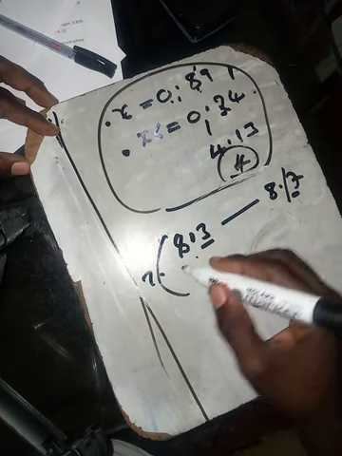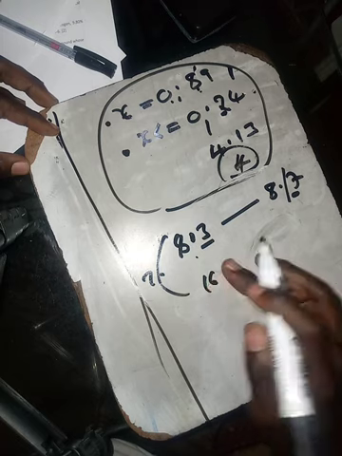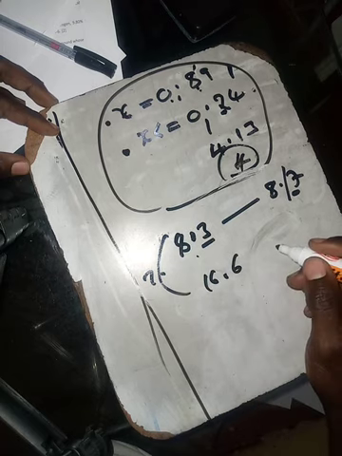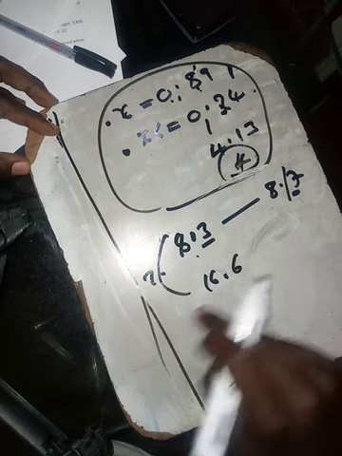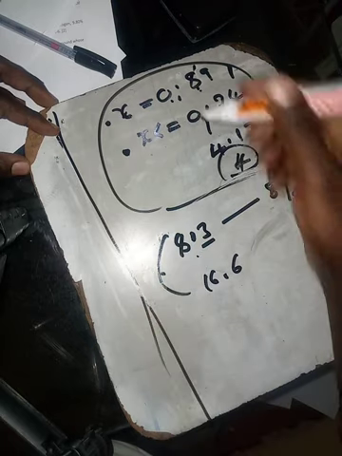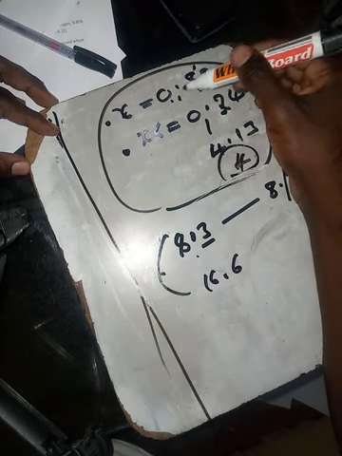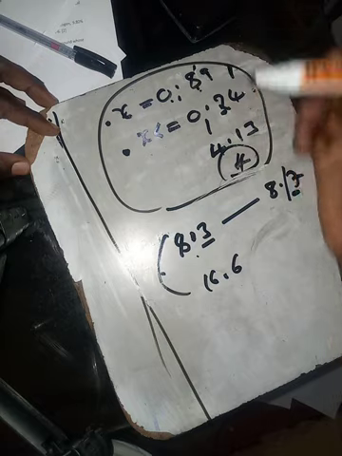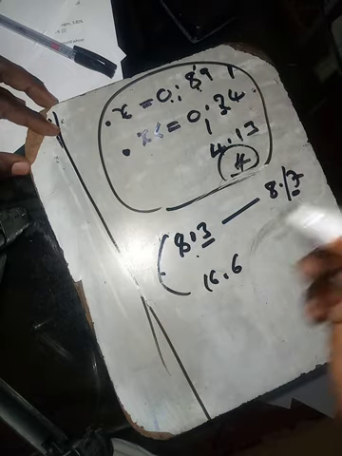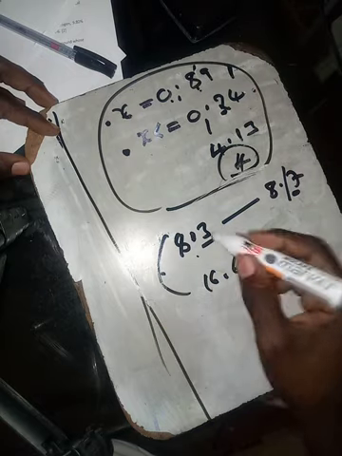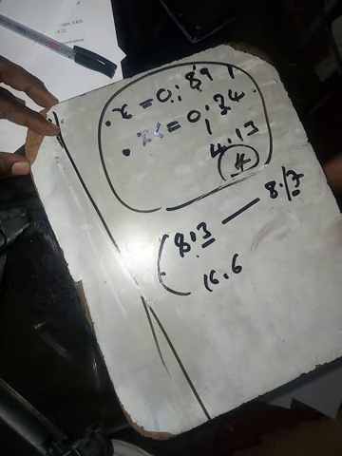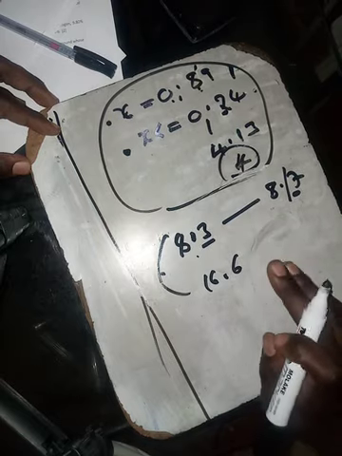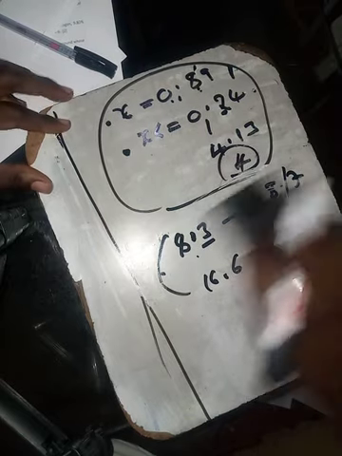Multiply by 2, it will be 16.6. Still, it's not falling in the range of 0.8 or 0.9 such that you can round off. Then you can try 3. When you try 3, it will give something, then from there you can round off. Yeah, that's it. So that's how you go about the empirical formula.